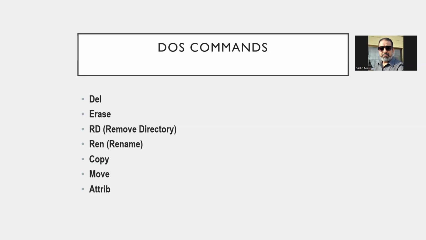read only, right? So the del and the erase are the two commands in DOS that we use to delete files. Files means the set of instructions, right? Now, to remove a folder or a directory, you have the RD command.